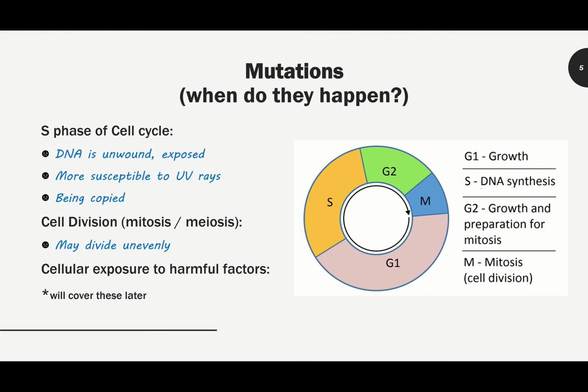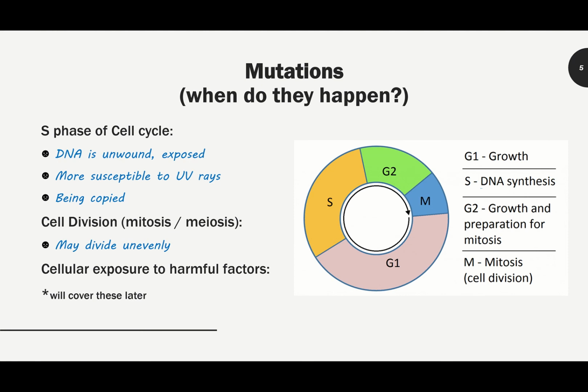The S phase of the cell cycle is also the phase where DNA is getting copied. So if you mess up your DNA during that phase, more of the DNA with errors will be copied. And you don't want that, because you want good protein made from good DNA.